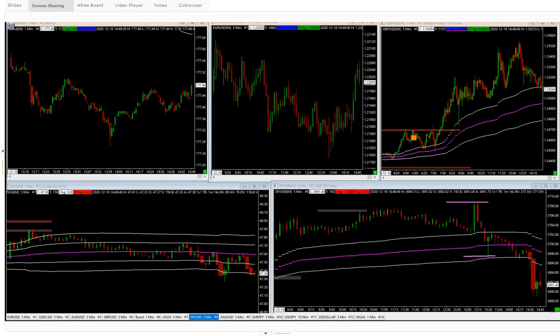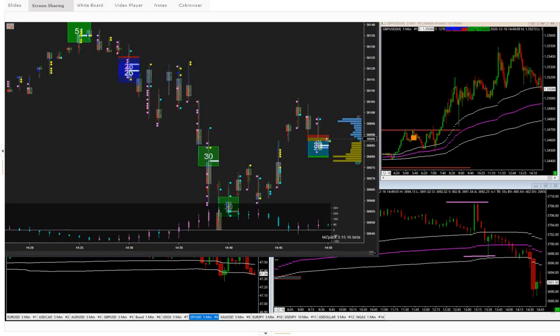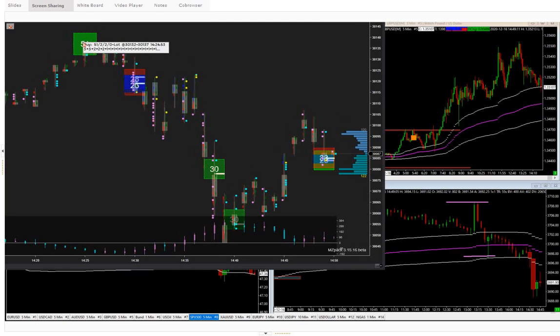When you look at any of these, here's an example on the YM, for example, at the top edge. There's a 51 lot trade there. It's not a 51 lot trade, is it?